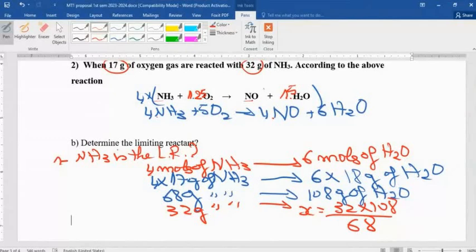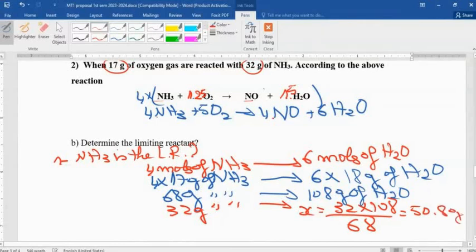The calculator will give me 32 multiplied by 108 divided by 68, which equals 50.8 grams, or 50.9 grams. So it is 50.8 grams. This is the mass of water produced if I consumed all the ammonia.